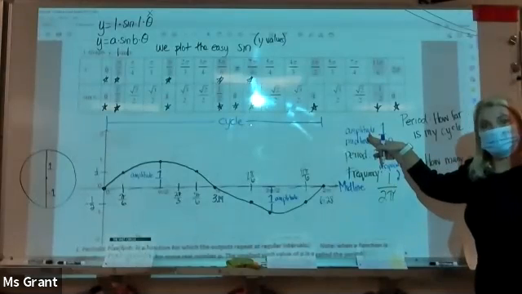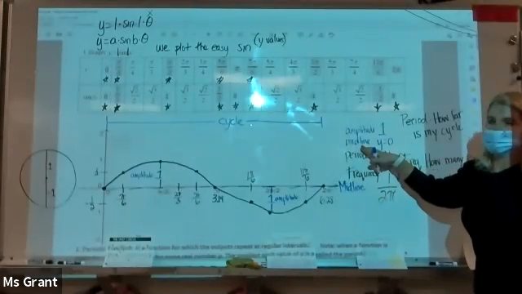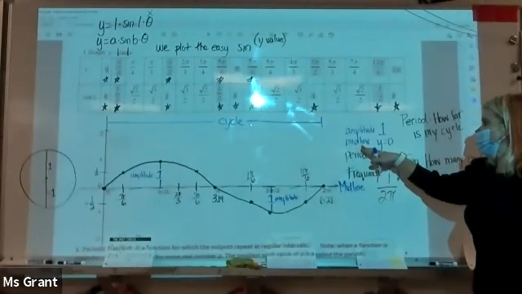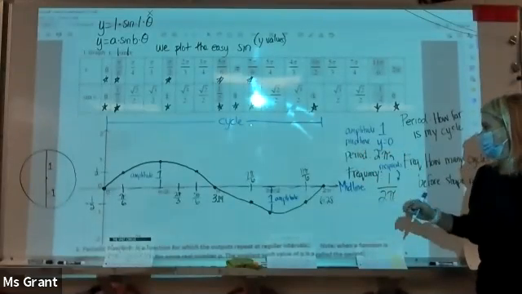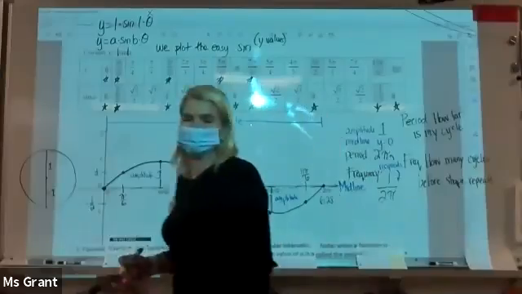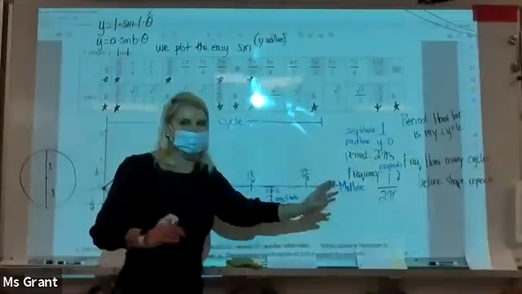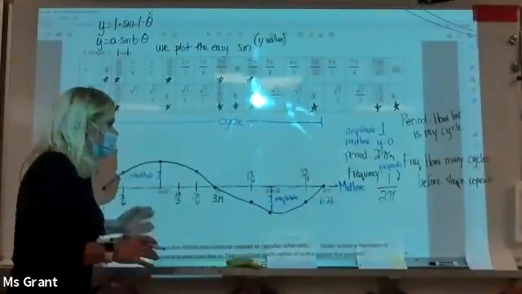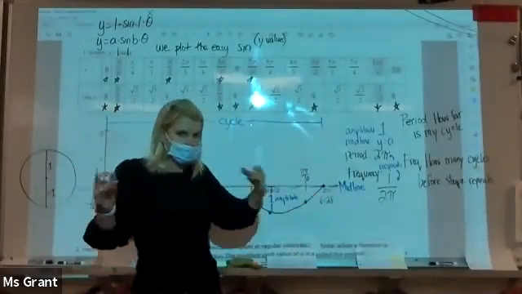Amplitude. How high or how low does it go? 1. My midline. What's the middle point? The y equals 0 line. My period. How far does this curve last before it starts repeating again? It's 2 pi long.